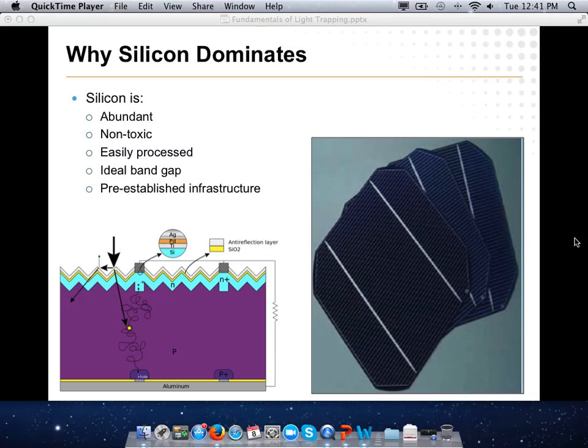And of course, for the last 50 some odd years, we've been making all these really fancy computer chips in a multi-hundred-billion-dollar industry. So we're pretty good at making silicon do things already. There's all these reasons we like silicon, and that's why it's the go-to material for widespread solar cells.